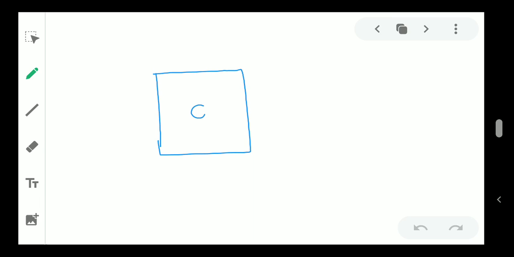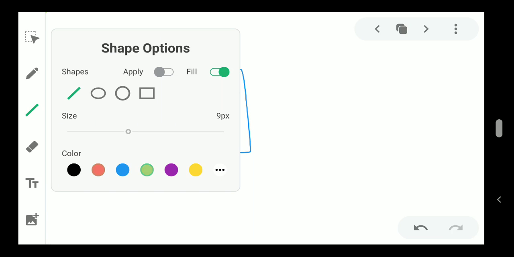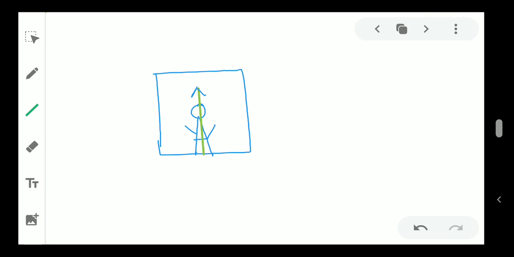Let's say you are standing on the lift. So the weight that you can feel is nothing but the normal reaction. So let's say this is the normal reaction which is given by the lift, and let's say this is the force that you are giving to the floor of the lift.